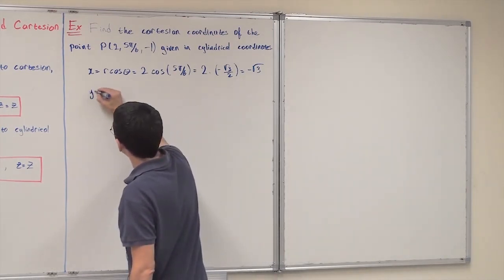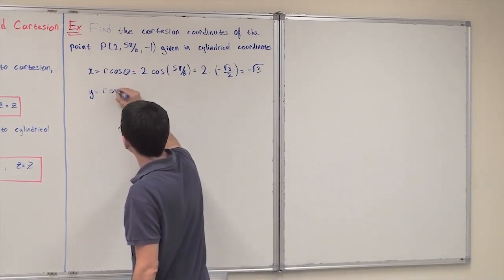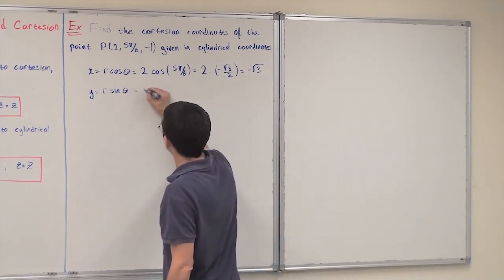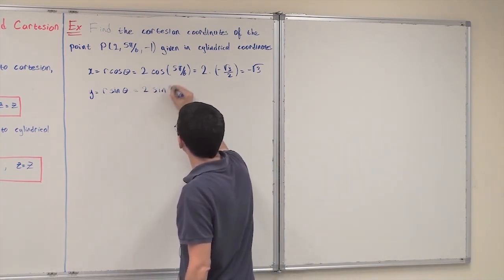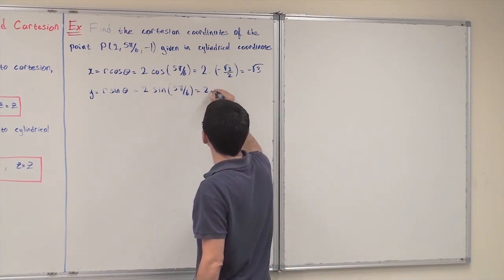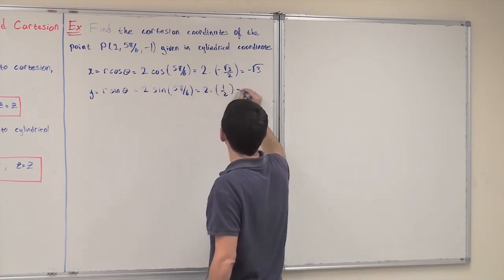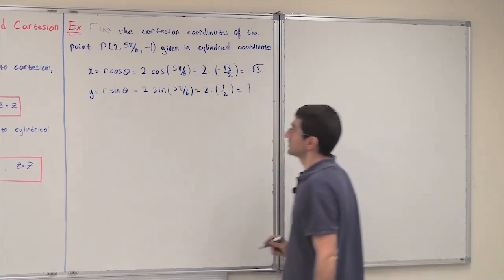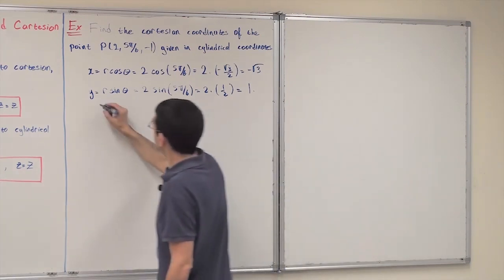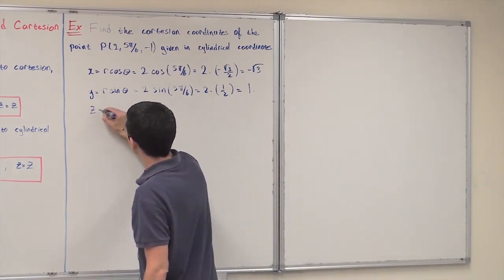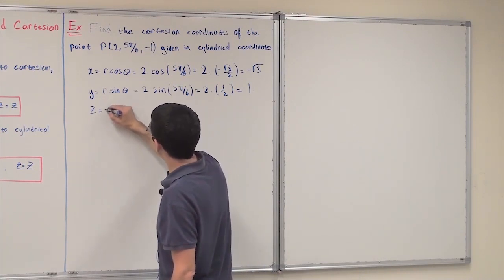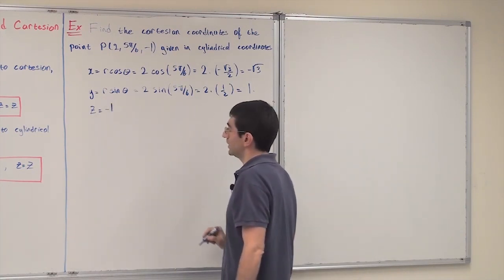Now for the y coordinate, we will use the relation y equals r sine theta. So it is 2 times sine 5 pi over 6, which is 2 times 1 over 2, which is equal to 1. So the y coordinate of the point is equal to 1. And the z coordinate is the same in Cartesian and cylindrical coordinates, so it is still -1.